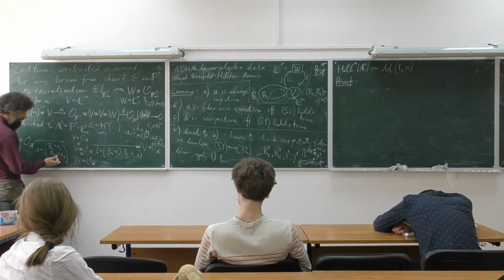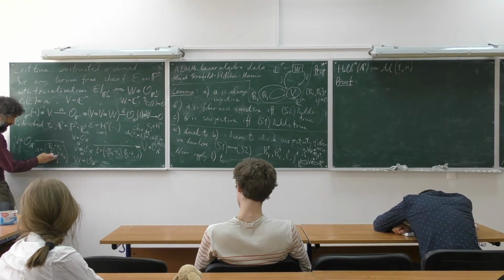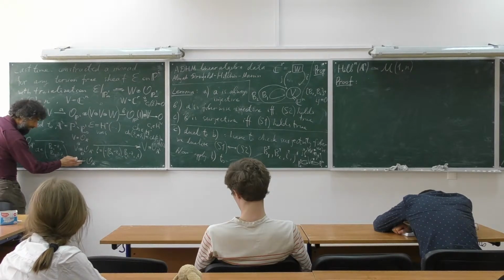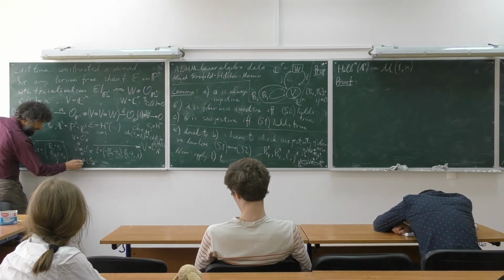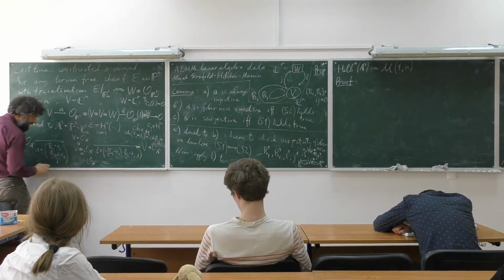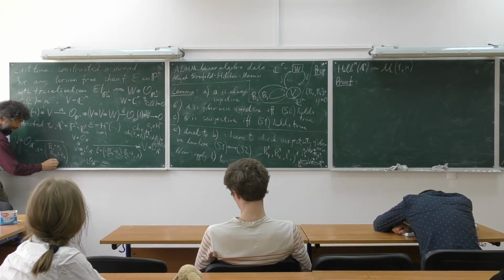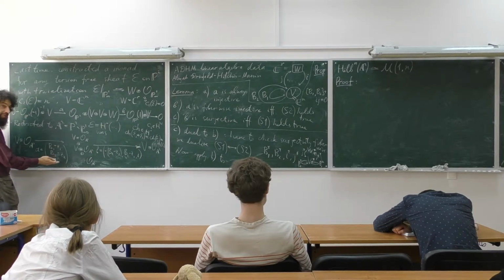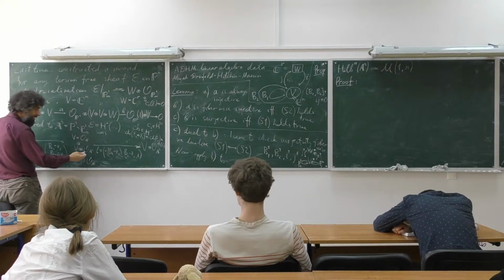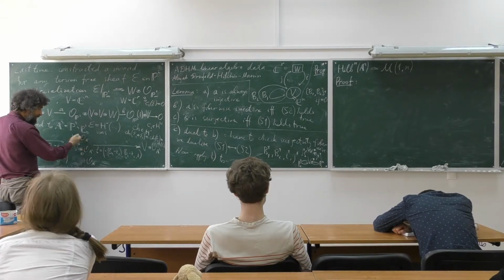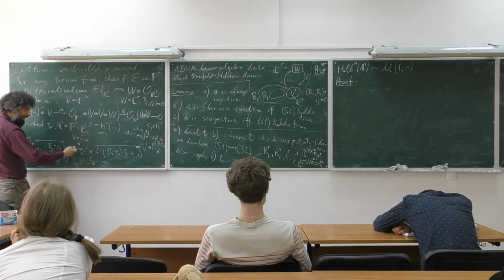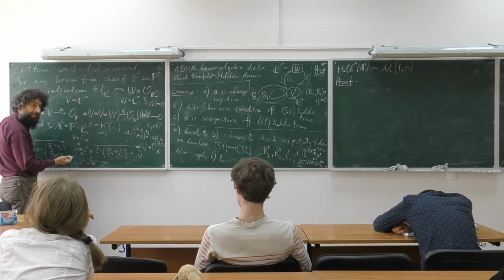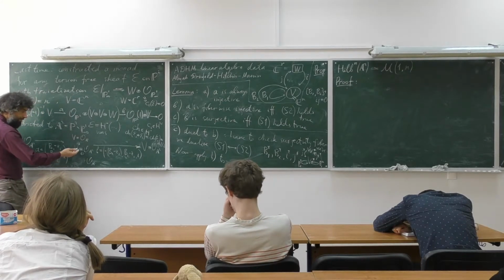Well, maybe I don't have to copy this thing. That's why I didn't erase it. So in our case, this becomes just the structure sheaf, and J is 0. But since J is 0, we know that the middle cohomology is some torsion-free sheaf of generic rank 1.